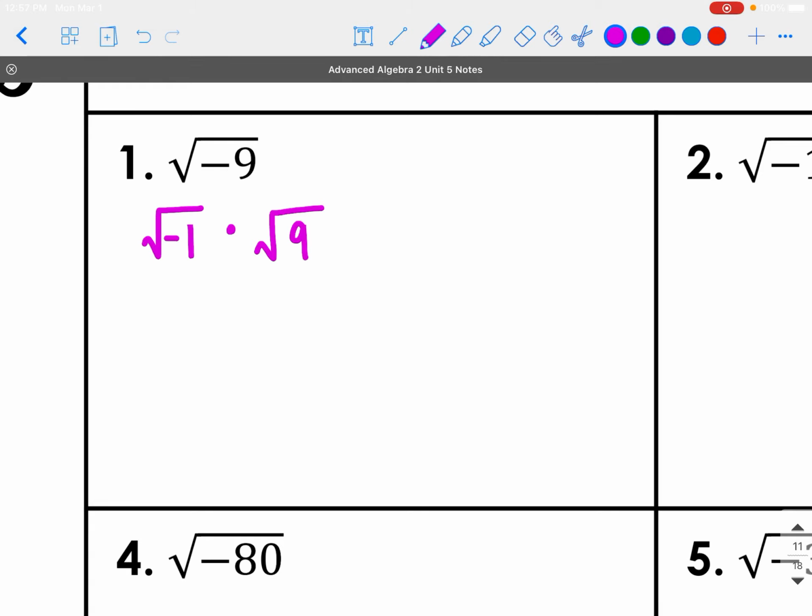We know that the square root of -1 is i, because I just told you that. And the square root of 9 is plus or minus 3. Now I need to combine these, so we write it plus or minus 3i.